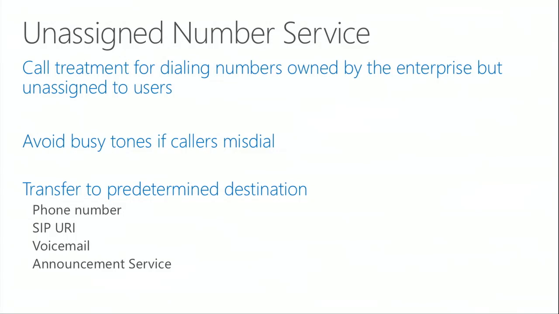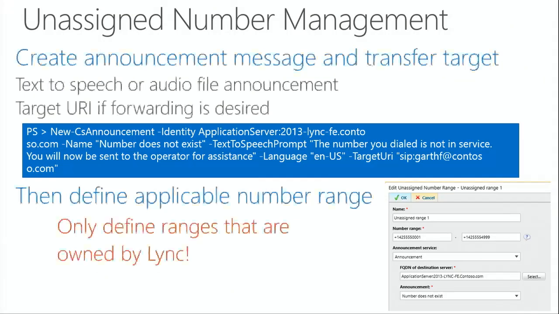So what the unassigned number service allows you to do is play an announcement and then transfer that call off to some pre-configured destination, whether it be a voicemail server, a queue somewhere, a SIP URI, whatever. You can even set it up so that all it does is play an announcement that this line isn't in service, and disconnect the call. It at least gives you an experience that's better than busy, right?